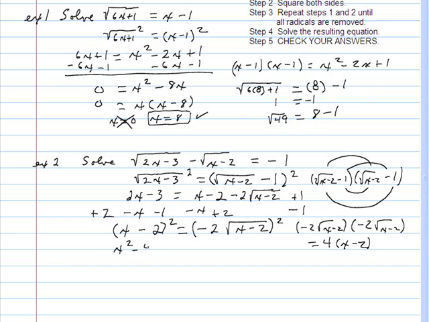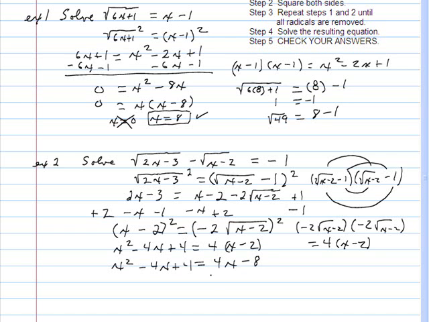x squared minus 4x plus 4 is equal to, and we already see what happened when we squared the other side, 4 times x minus 2, which is the same as 4x minus 8. Okay, well, we've done steps 1 and 2 until all radicals are removed, so now we solve what remains.